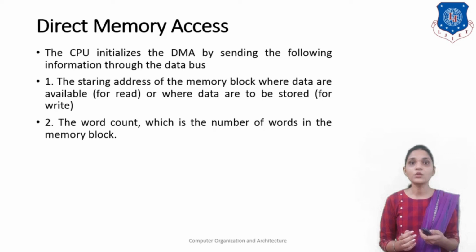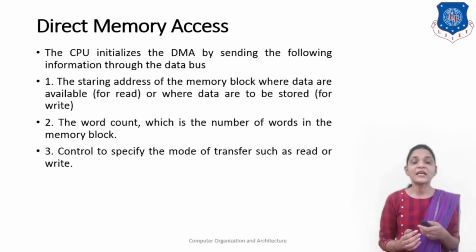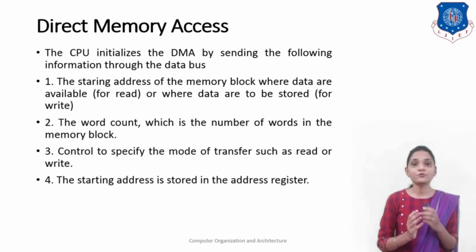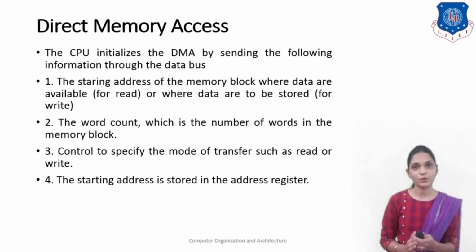Second, the word count, which is the number of words in the memory block. Third, the control to specify the mode of transfer such as read or write. And fourth, the starting address is stored in the address register. So these four things are required for the transfer between the DMA and the CPU. In this way you can use the DMA for transferring the data between your CPU and the memory.